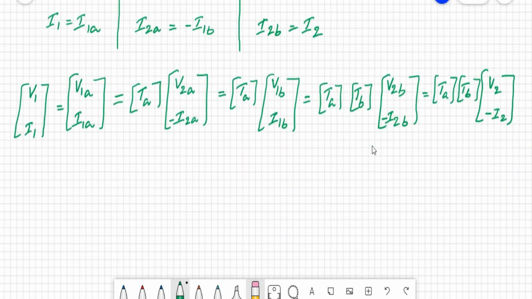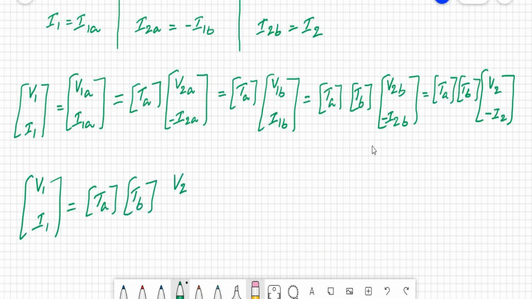So from this we can write V1, I1 is equal to TA TB, V2, minus I2. If you are unable to understand, just go through the ABCD parameters video, then you will get how we are writing V1A, I1A in terms of transmission parameters and their output variables V2 and I2.